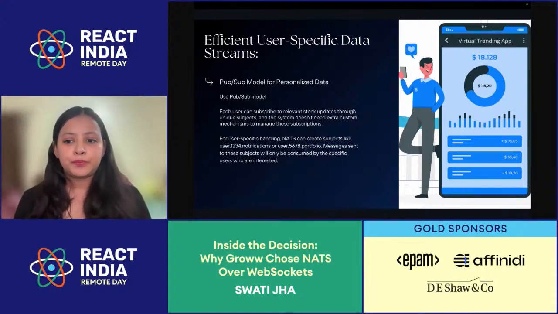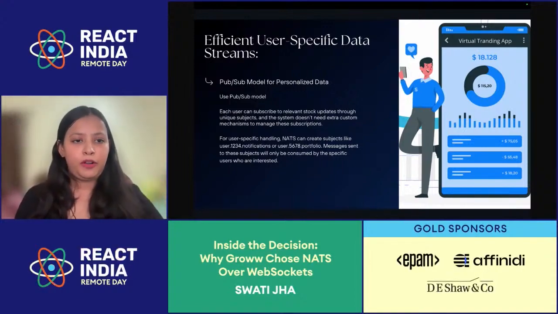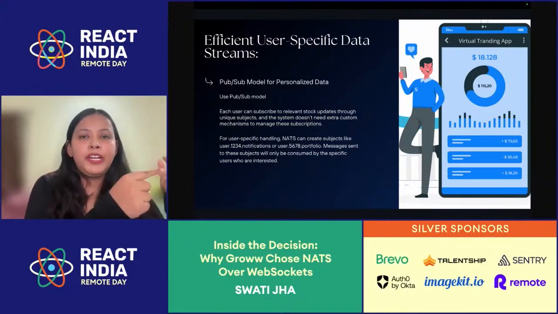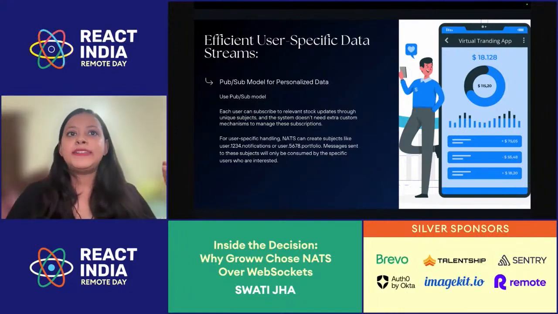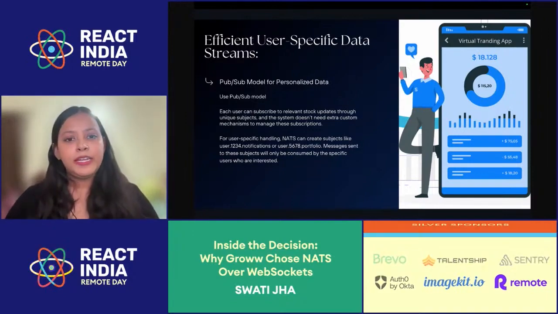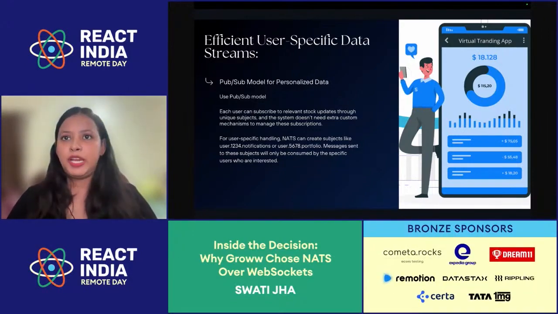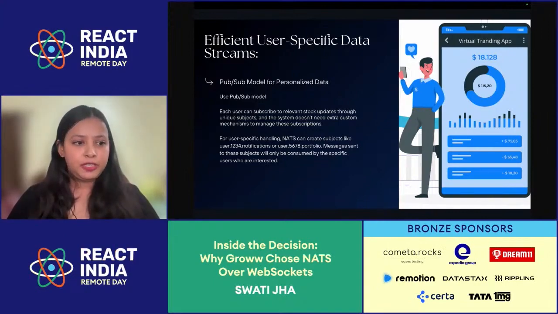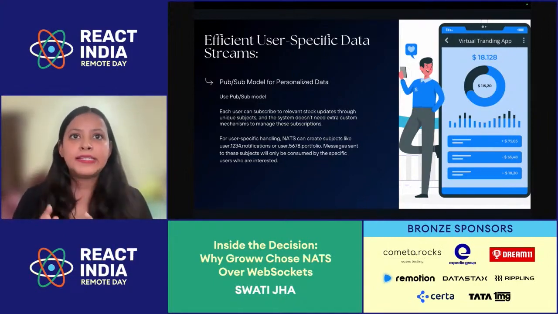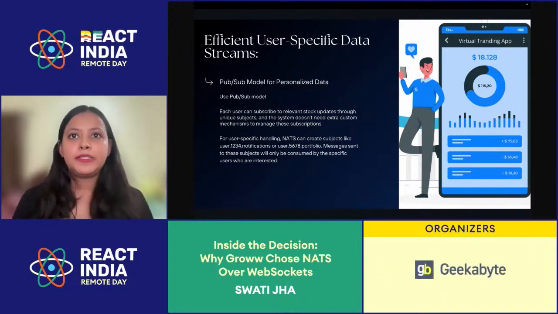Okay, so we have a pub-sub model in which one publisher publishes and a subscriber subscribes, right? And similarly a subscriber can listen to any subject without needing to know who the publisher is. This decoupling allowed high scalability and independence between system components.